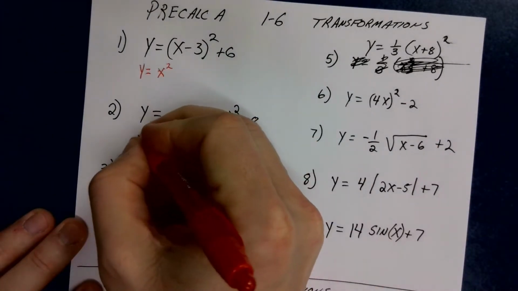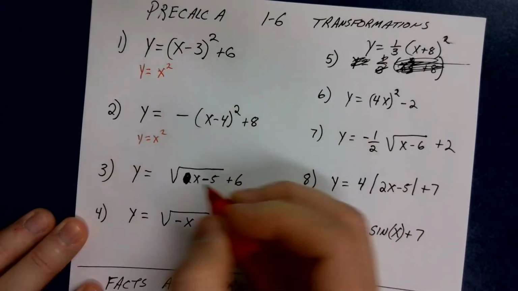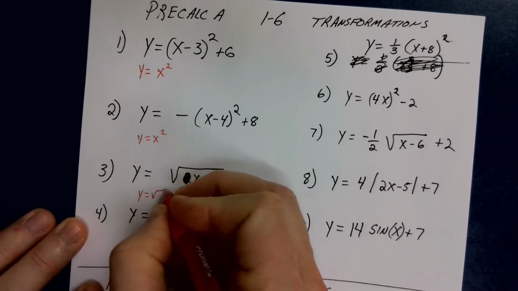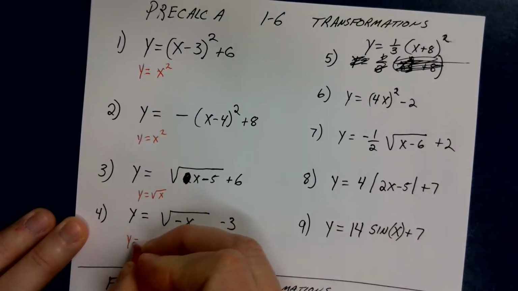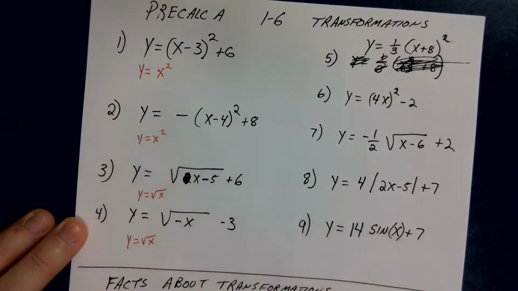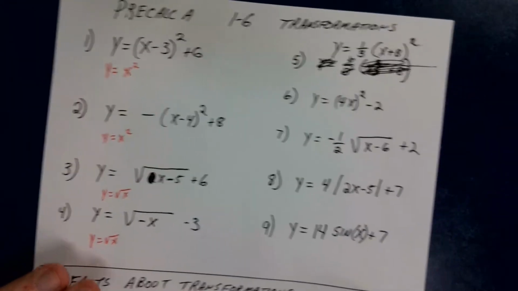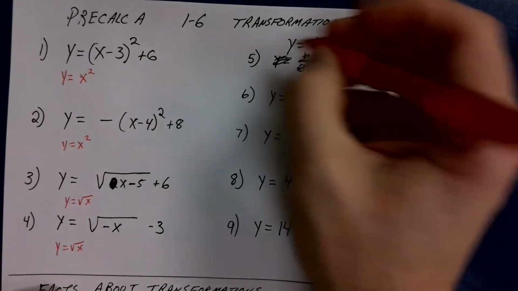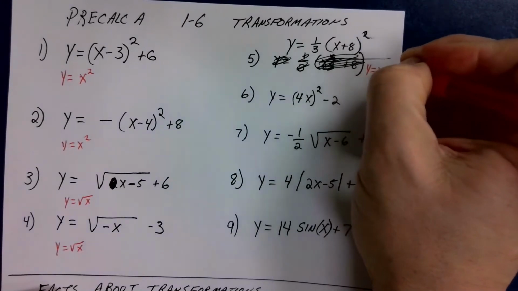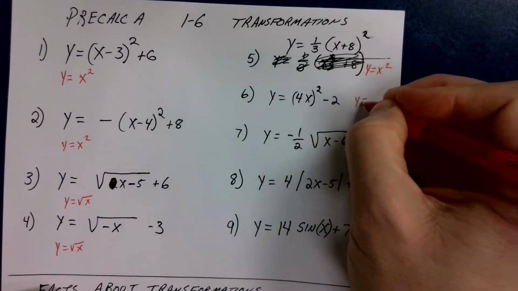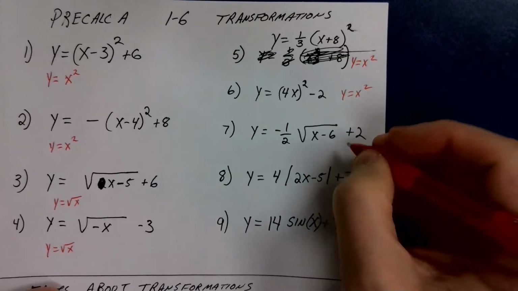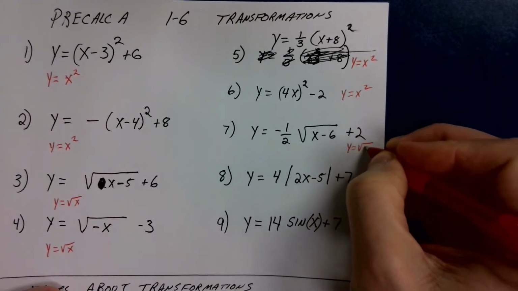This one again, y equals x squared, y equals root of x. And I'll try not to get too crazy on some of these things. This one up here again is y equals x squared, y equals root x.